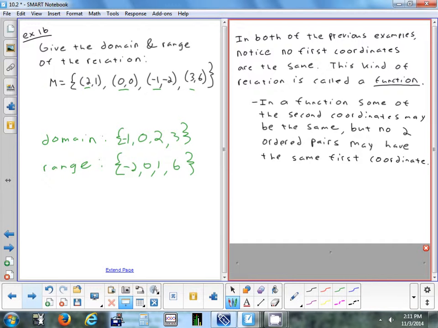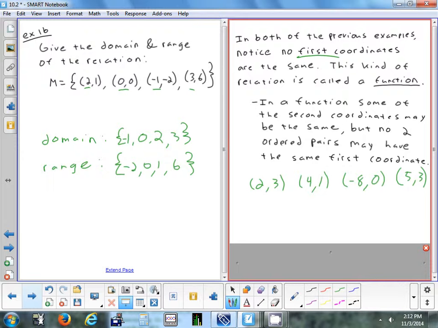Let me show you an example of something that's a function. 2, 3, 4, 1, -8, 0, and 5, 3. Okay? If you look at your first number, 2, 4, -8, 5.